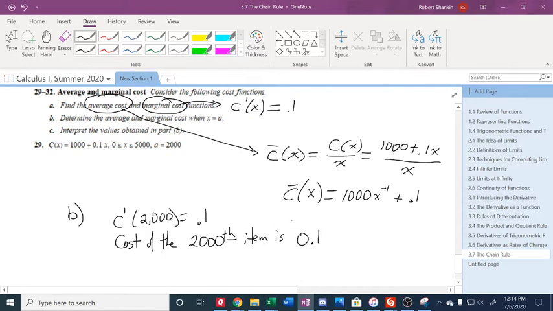The 2001st item? Yeah. Okay. It could be either one. It kind of depends on whether you place more emphasis on what's coming right after it or right before. But let's stick with the convention of the textbook.